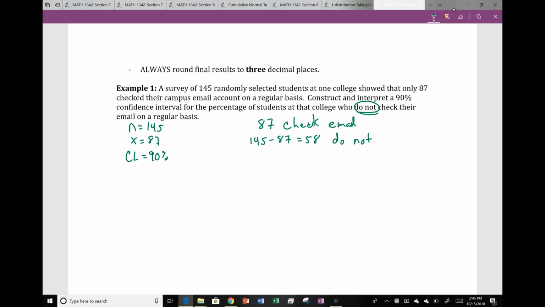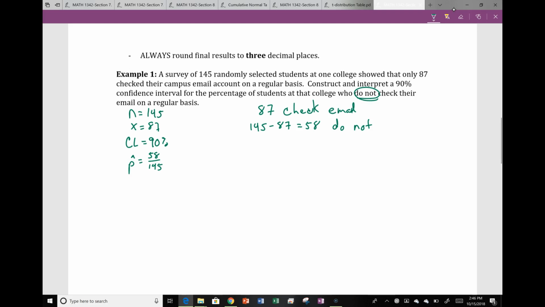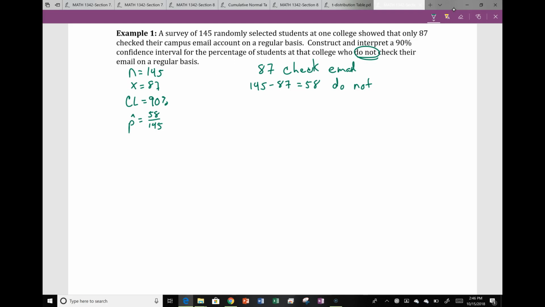This is actually the value for our population proportion. So our p hat is actually going to be 58 divided by 145, not the 87. 87 do check their email, 58 do not check their email. When we divide this out, we get that p hat is 0.40, about 40% do not check their email.